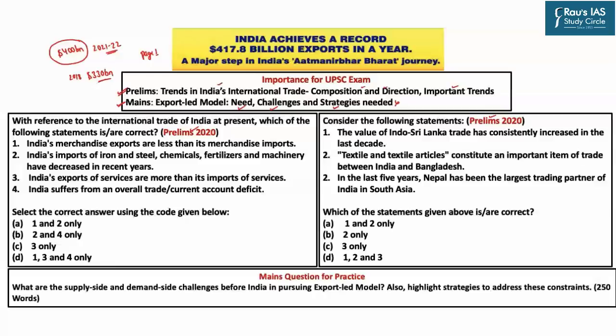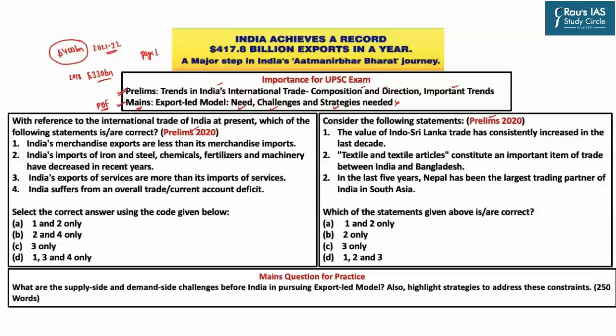But at the same time, to ensure that you don't miss out on the mains related analysis, I have incorporated all the mains related aspects in the PDF for your reference. So as and when you are preparing for the mains examination, you can go through this content in order to write an answer related to the external sector.